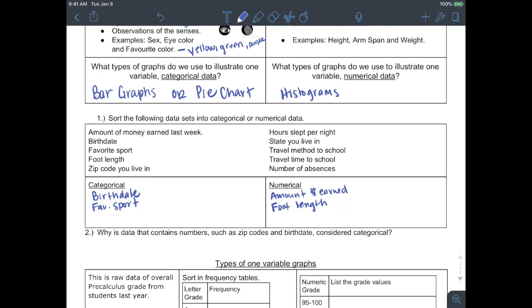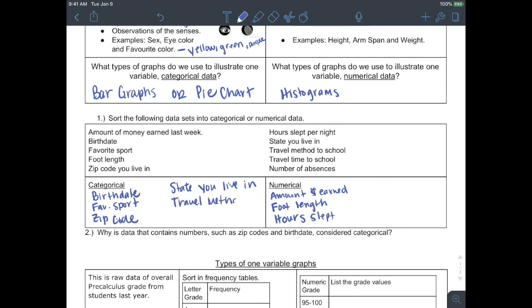Hours you slept last night. We're measuring, so that would be categorical, or sorry, numerical. State you live in, categorical. Travel method to school, categorical.